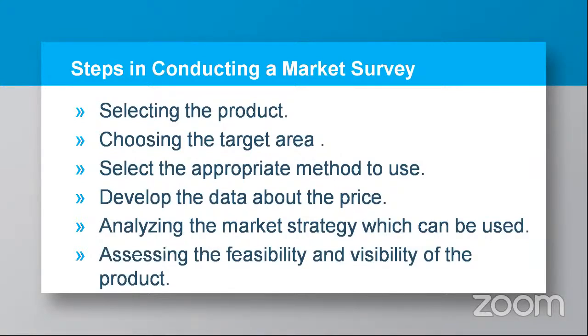For example, you can look at your LC1 area, your LC1 zone, and see whether those people within that zone will be in position to buy your product. So that is the second step, choosing the target area.